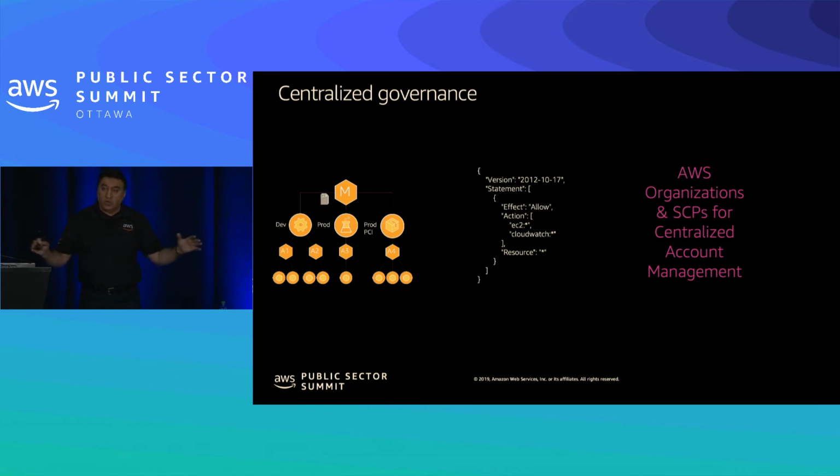And then you have the problem of the central billing also resolved with this. So many features, and the icing on the cake, the tool is free. There's no cost of using AWS Organizations. So that's one answer to how we do account governance, or governance at scale, how we move fast.